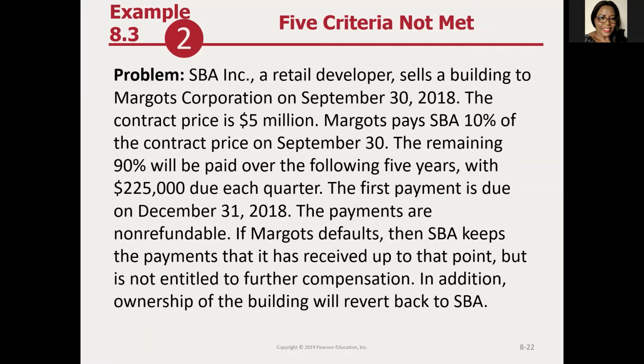The payments are non-refundable. If Margaret defaults, then SBA keeps the payment that it has received up to that point, but is not entitled to future compensation. In addition, ownership of the building will revert back to SBA.